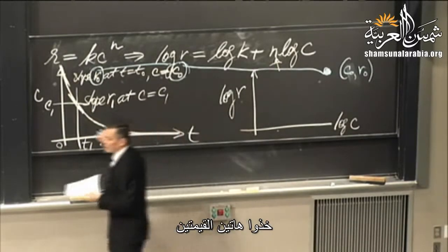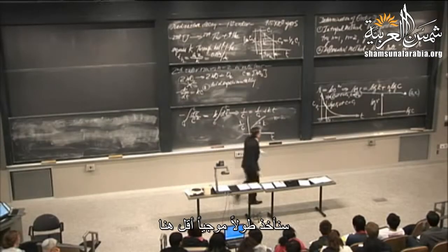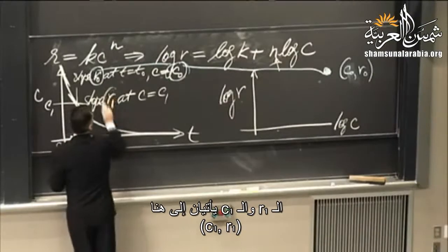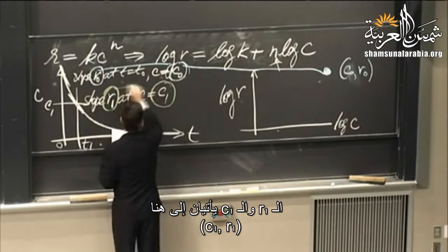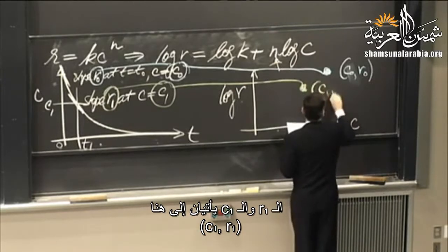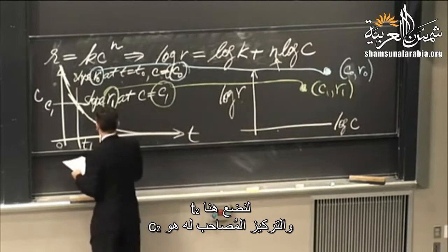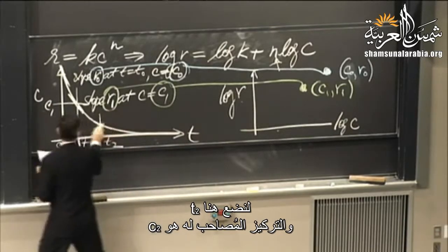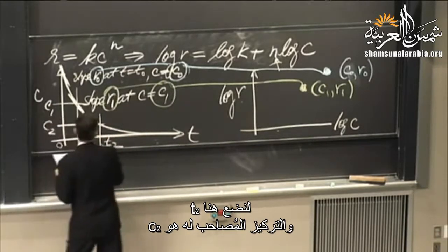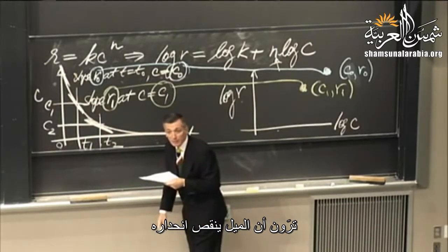So we'll take those. It's a lower concentration, so it's kind of like a lower energy. So we'll take a lower wavelength here. So R1 and C1 come over here. C1, R1. And we'll do one more. Three's a charm. If we come out to here, this is T2. Concentration's fallen to C2. And I've got a slope. You see how the slope's getting less and less steep?